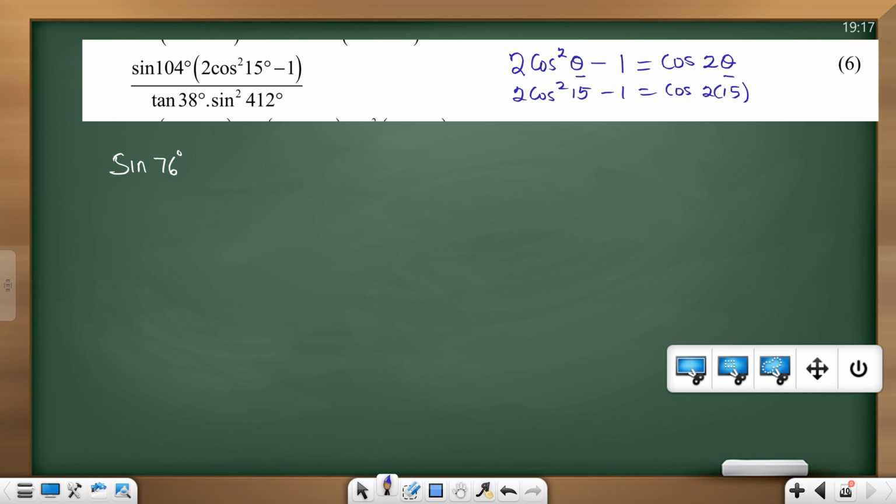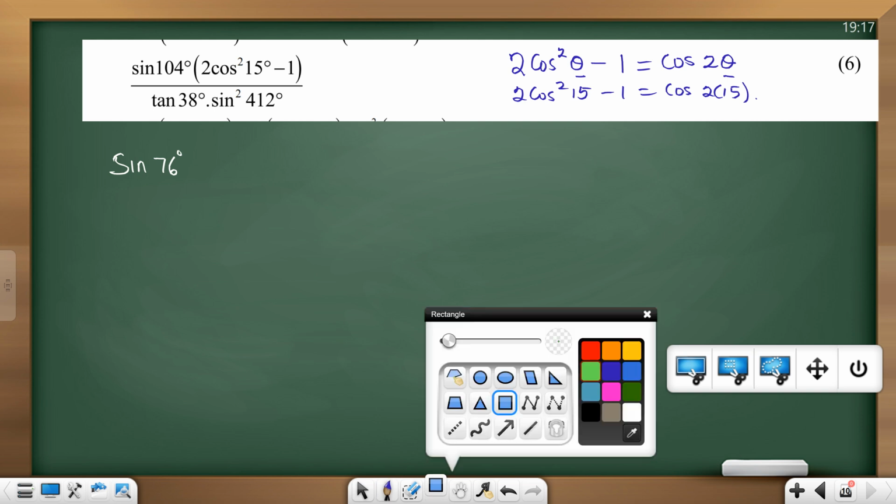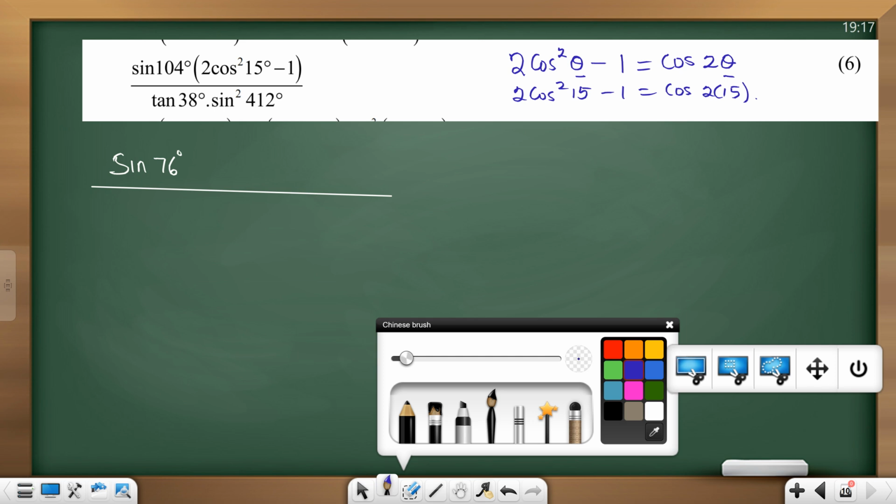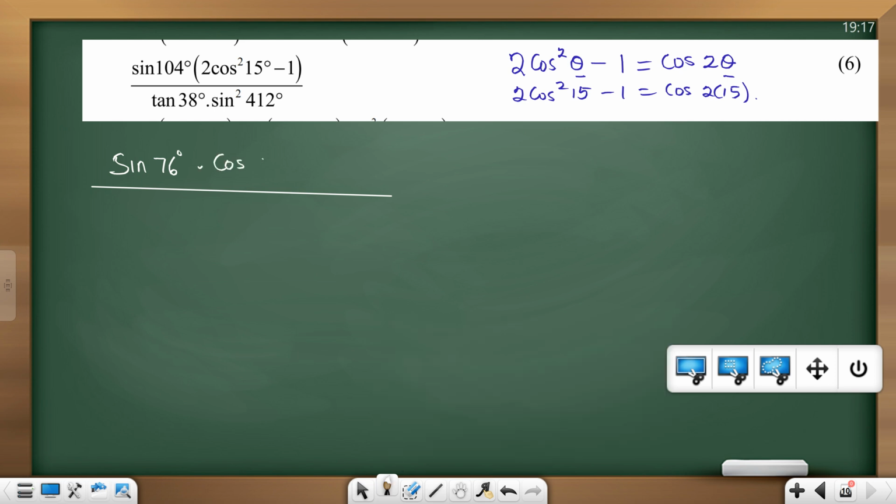Cos 2 times 15. So guys, please familiarize yourself with your formulas to say, but I've seen this before. What is tan 38? We'll leave it like that, right?